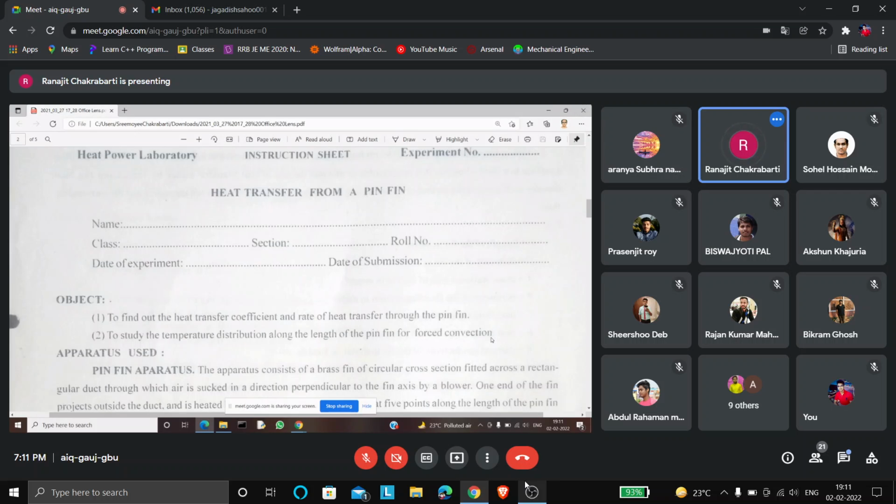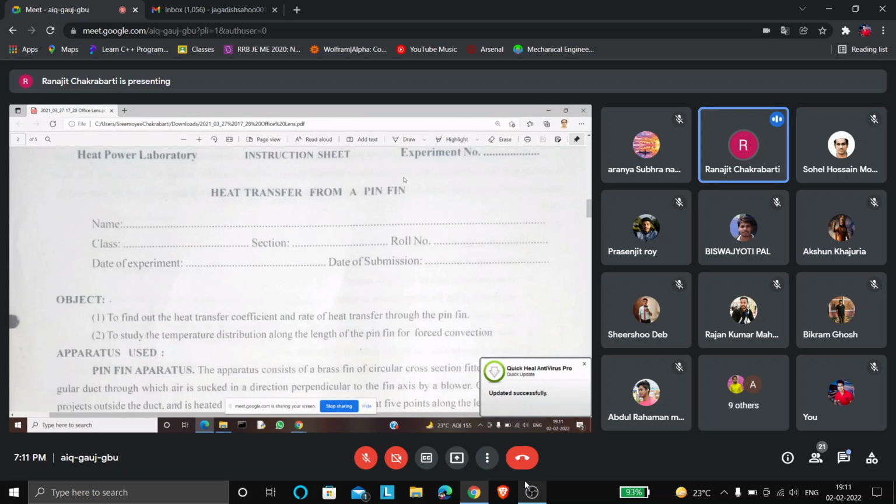Now, an important aspect is why we are doing the experiment. As you know, this fin is basically a projected surface from a certain surface.